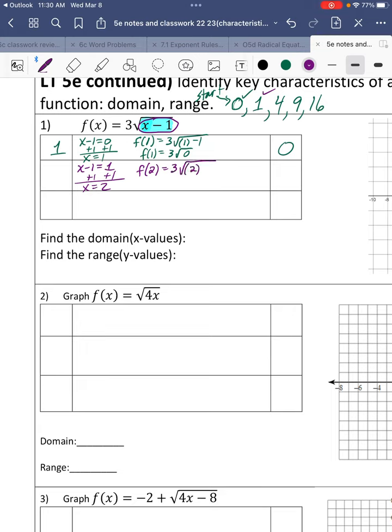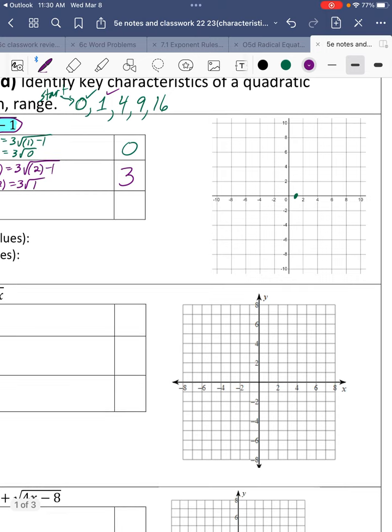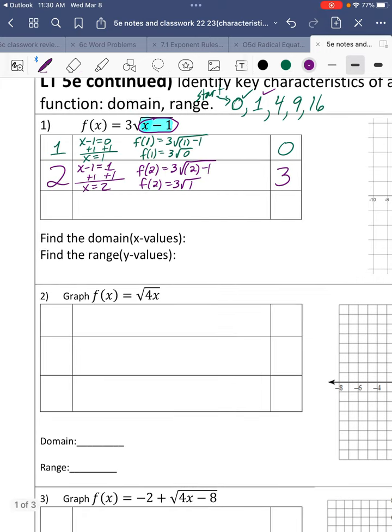So when we substitute 2 in for the variable, 2 minus 1 is 1, and here's the square root of 1. That's what we wanted, getting 1 into the radical. After it's simplified, square root of 1 is 1 times 3 is 3. So our x value is 2, and our y value is 3. So 2, 3.